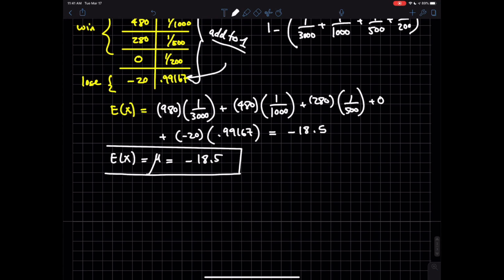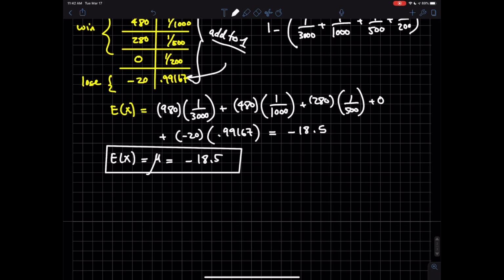I am going to talk just a couple of minutes on the meaning of this value, -18.5. All that means is that if you're a lottery company selling tickets to customers, to the general public, and they each spend $20 buying this ticket, then in the long run, out of every $20 ticket you sell, you're going to make $18.50 profit on average.